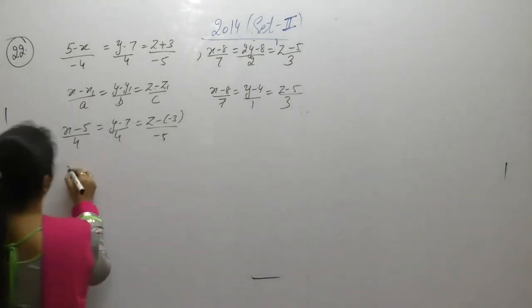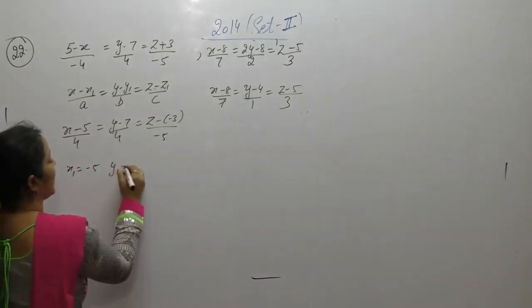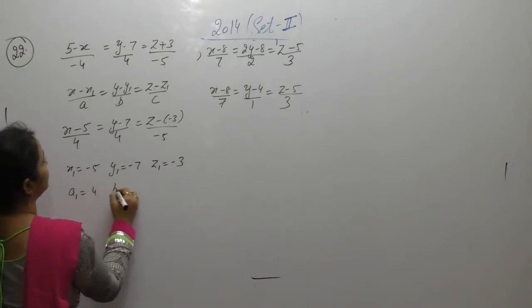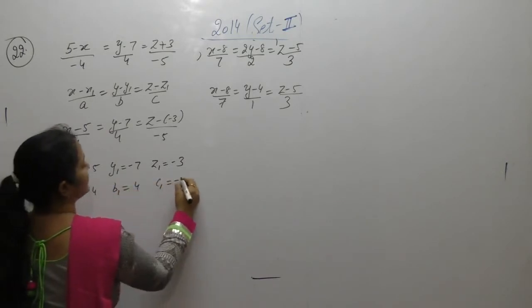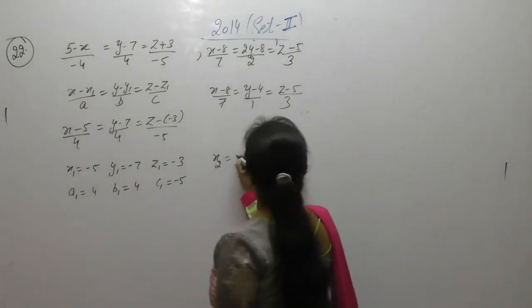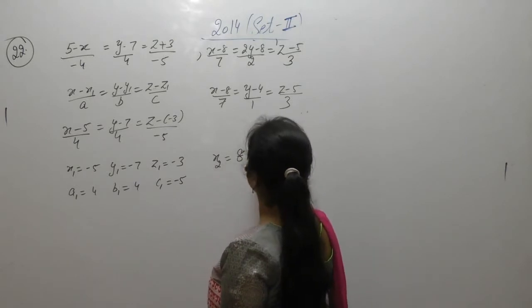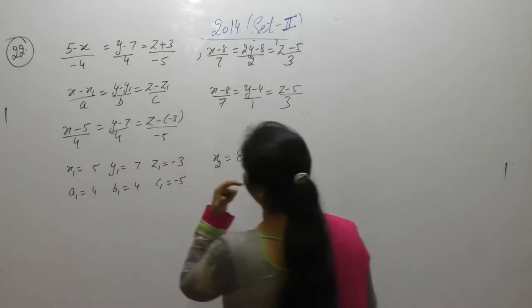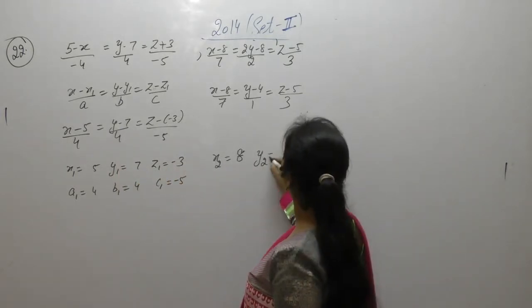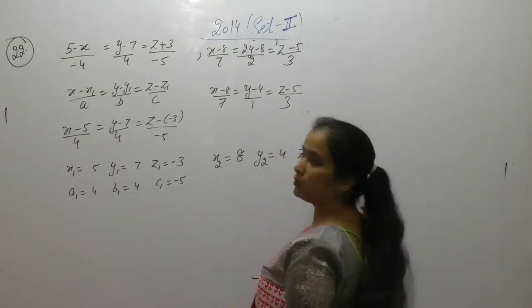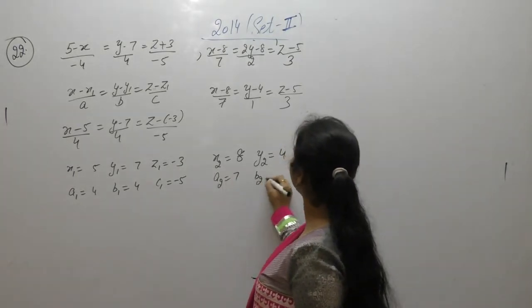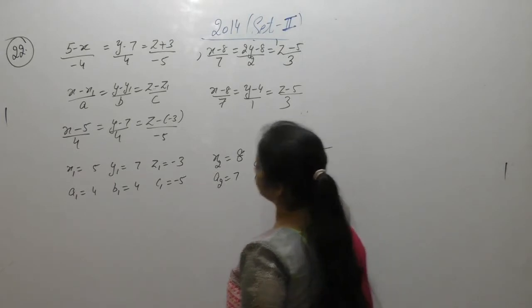Now from here x1, y1, z1, a1, b1 and c1, x2, y2, z2, a2, b2, c2.